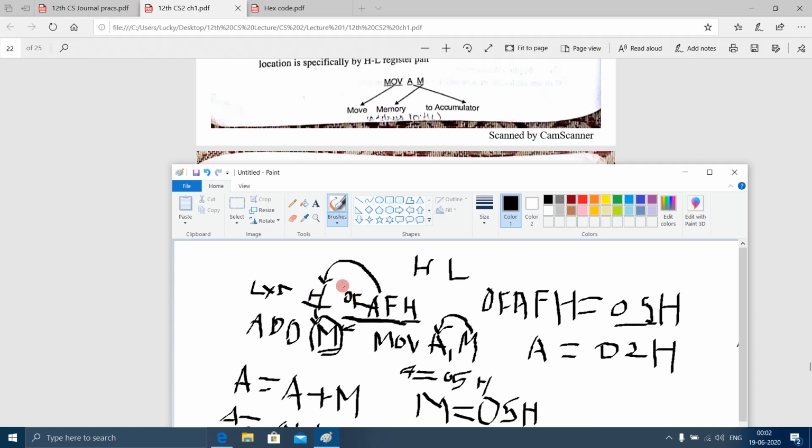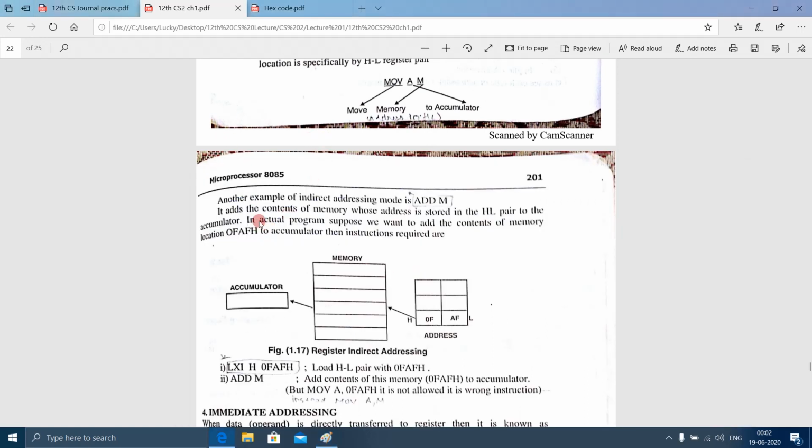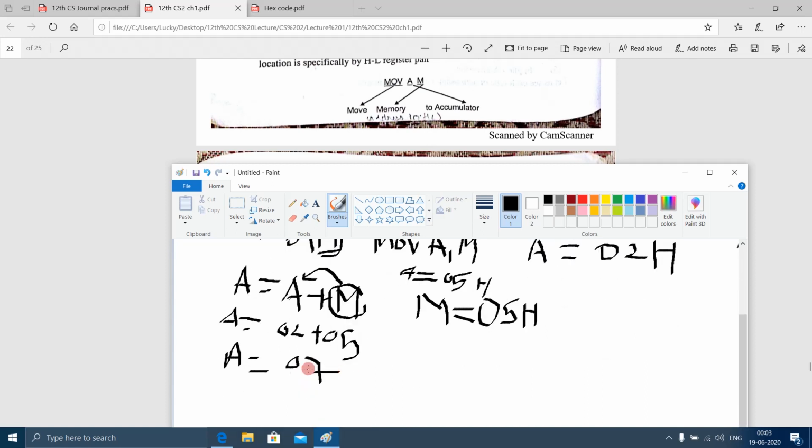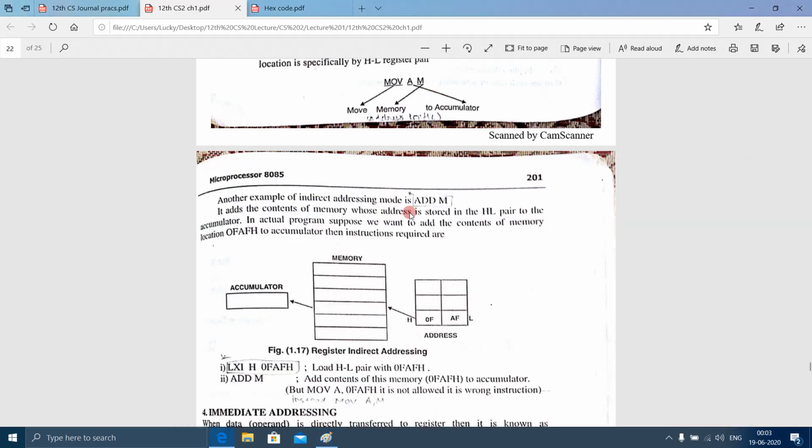So 0F will be stored in H and AF will be stored in L. The ADD M instruction adds the contents of memory whose address is stored in HL to the accumulator, and stores the result in the accumulator itself.